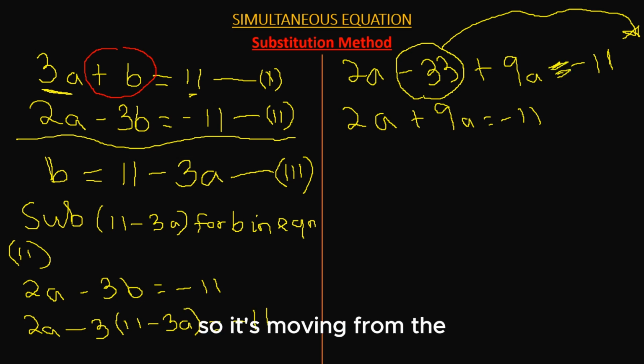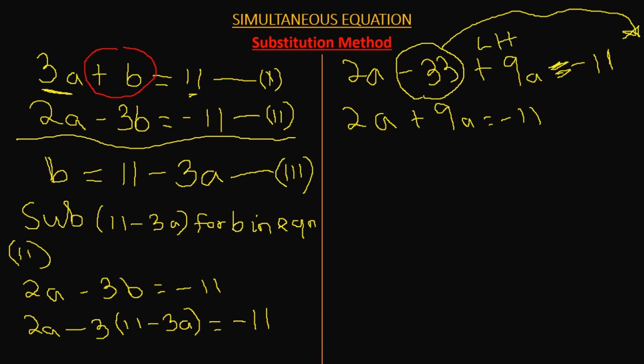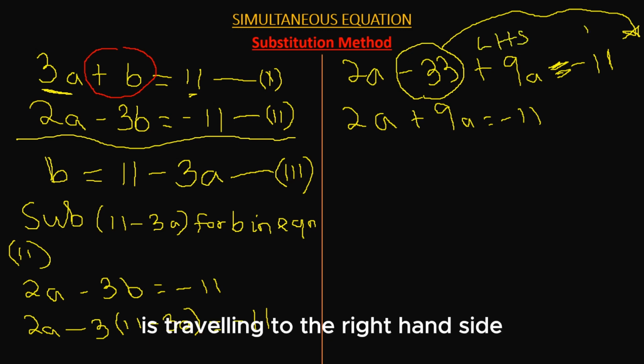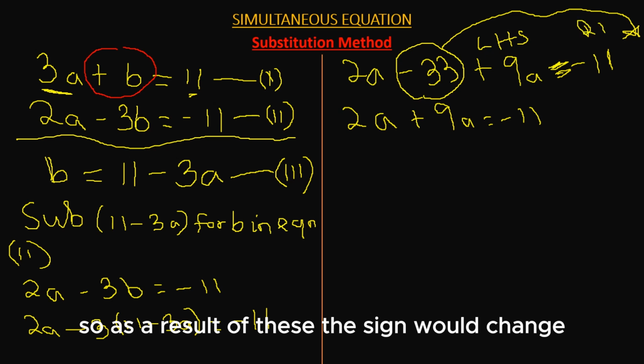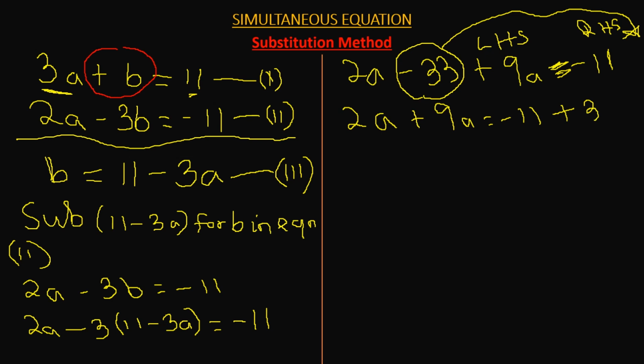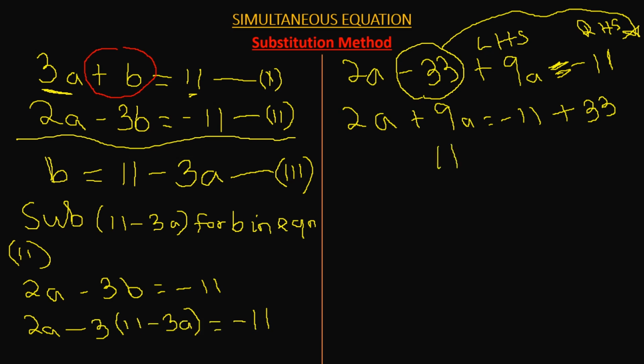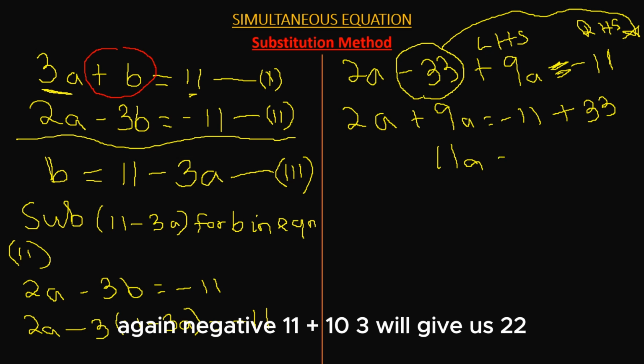So it's moving from the left hand side of the equality sign, it's traveling to the right hand side. So as a result of this, the sign will change. It was negative here, it will become positive 33. So here we have 2a plus 9a will give us 11a. Then negative 11 plus 33 will give us 22.